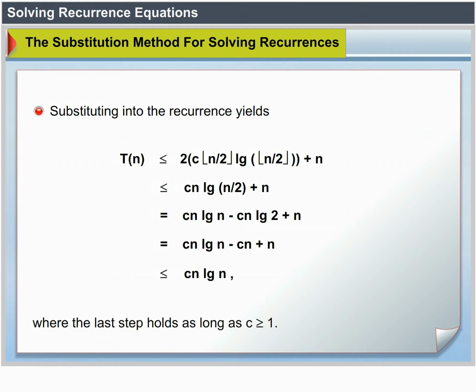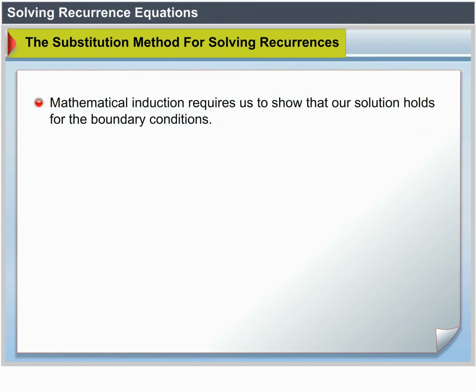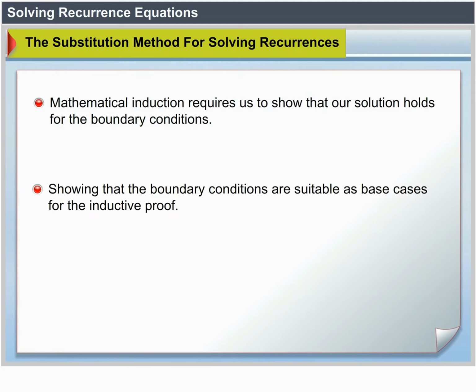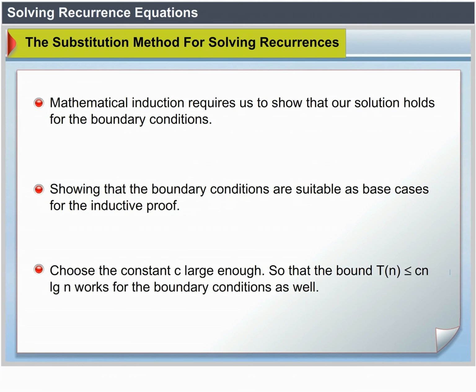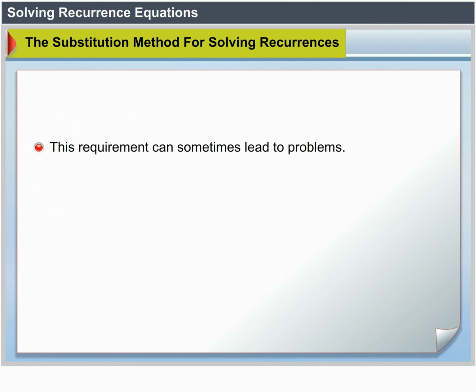Mathematical induction requires us to show that our solution holds for the boundary conditions, showing that the boundary conditions are suitable as base cases for the inductive proof. Choose the constant C large enough so that the bound T(n) ≤ Cn log n works for the boundary conditions as well. This requirement can sometimes lead to problems.